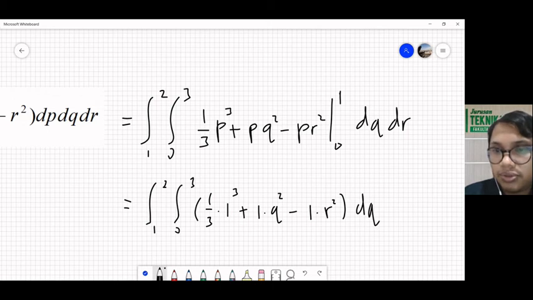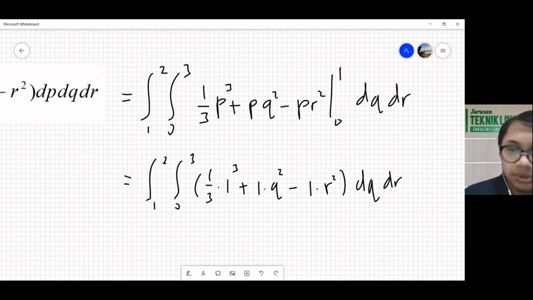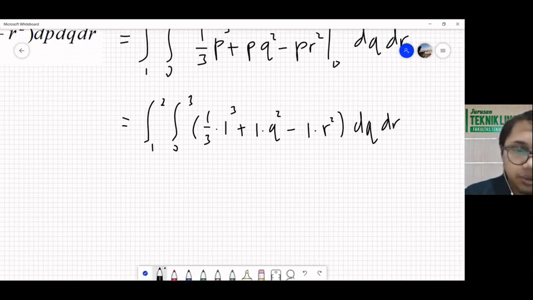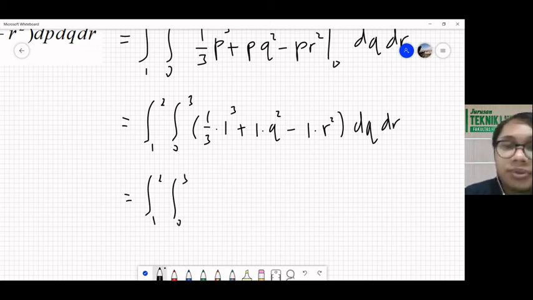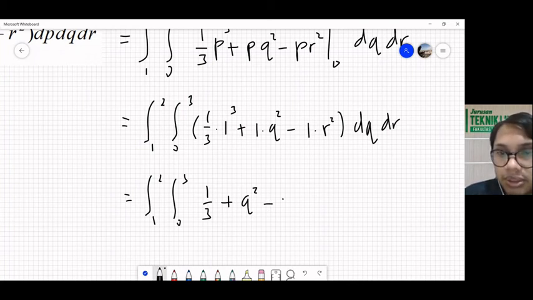Okay, dq and dr. Then limits 0 to 3. Okay, 1 power 3 is still 1, multiplied with 1/3, and 1 times q square, so q square, minus 1 times r square is r square.